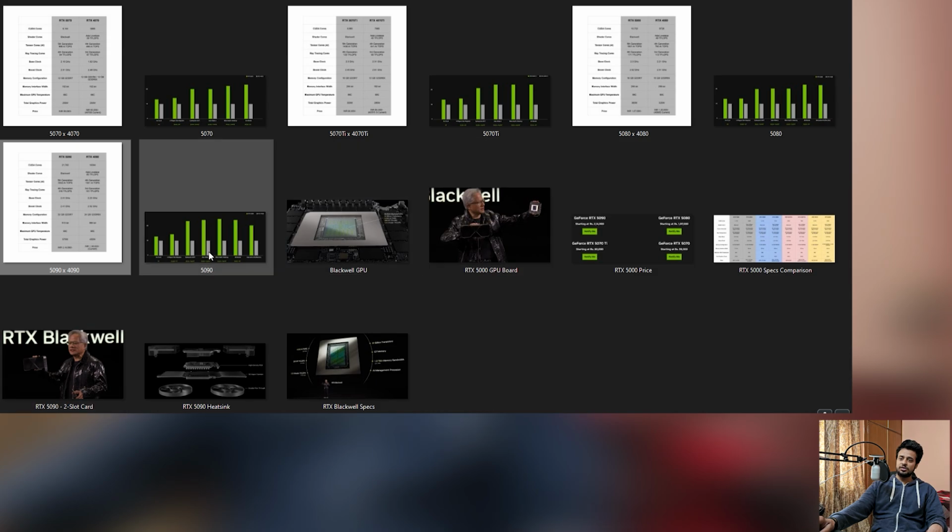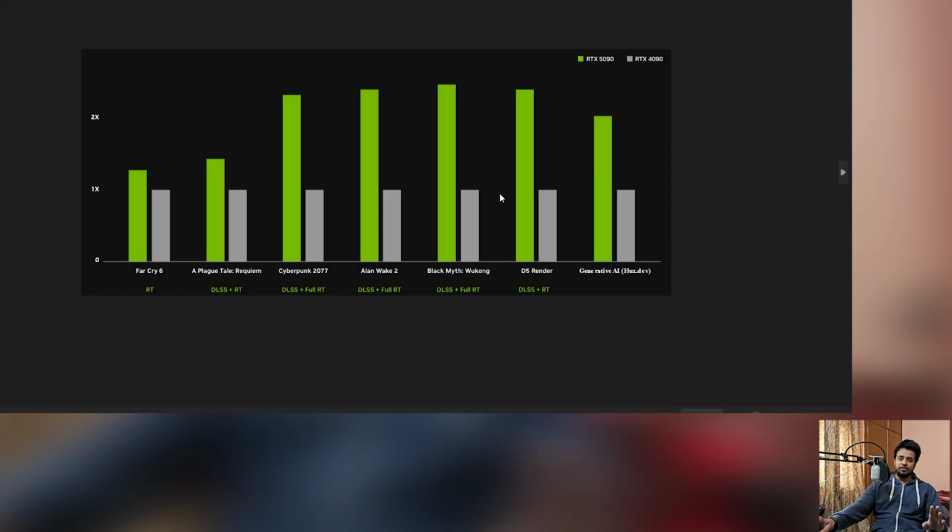I'll show you the benchmarks for it. These are first-party benchmarks from Nvidia and they're a little hard to read, but I'll try my best to explain. The gray bar here is the RTX 4090, and on this particular scale, all of them are at 1x. Then we move on to the green bar of the 5090, which shows the relative performance. If you take a look at Cyberpunk 2077, Alan Wake 2, Black Myth: Wukong, it's 2x or more.